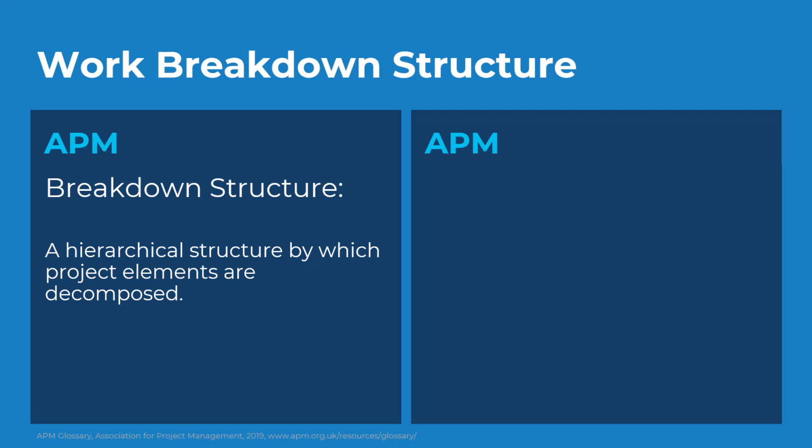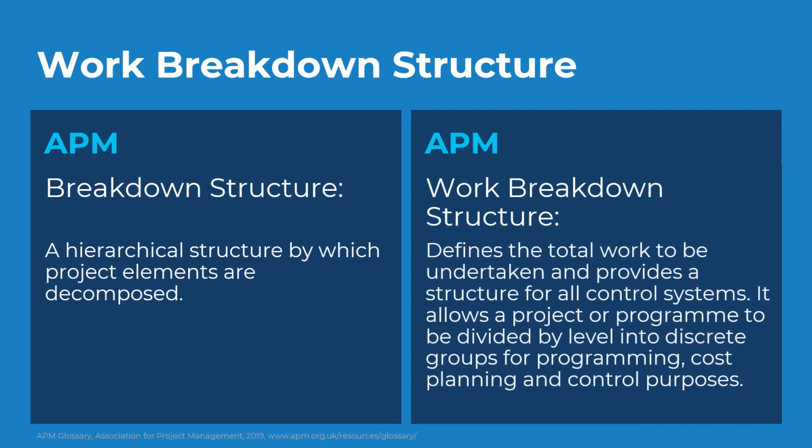And then on the right, the APM says that the work breakdown structure defines the total work to be undertaken and provides a structure for all control systems. It allows a project or program to be divided by level into discrete groups for programming, cost planning, and control purposes. As always, very academic here from the APM.